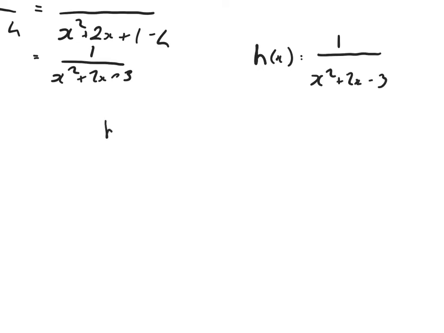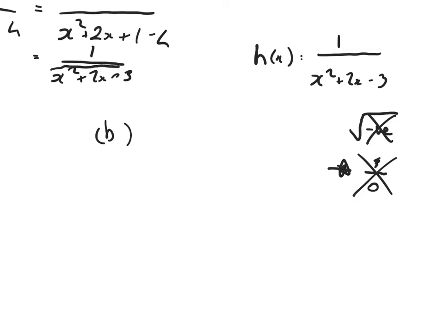Okay, part B says write a restriction on the domain for h. Okay, so two things that we're thinking about here is we can't take the square root of a negative number and we can't divide by 0. Okay, there's no square roots involved, so let's look at option 2. Now, the denominator then, what we're saying is the denominator cannot be 0.